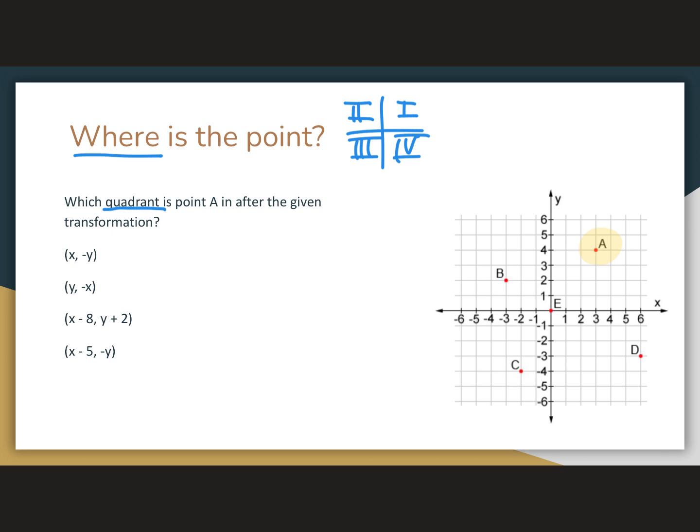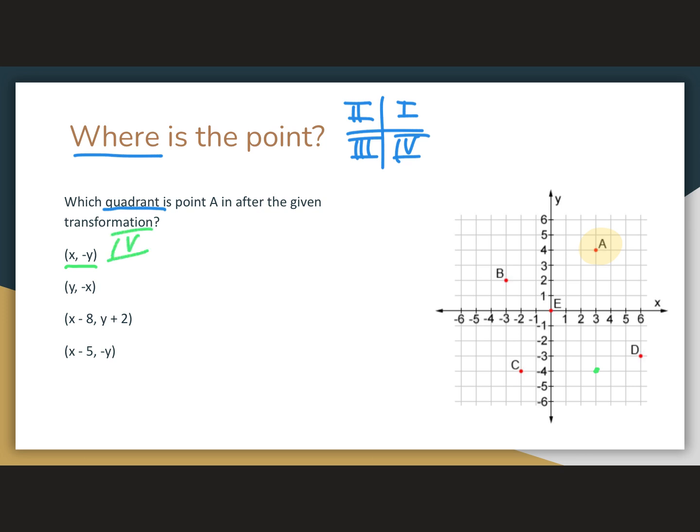That's in quadrant 1. So I've got the mapping information. So if I have (x, negative y), that means my x value stays the same. And I use the opposite of the y value. That means that that point's going to go down here. It's reflected over my x-axis. Well, now it's in quadrant 4.